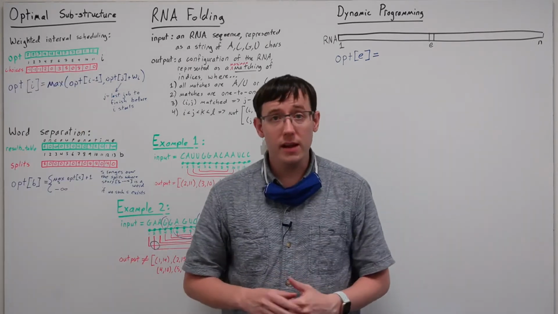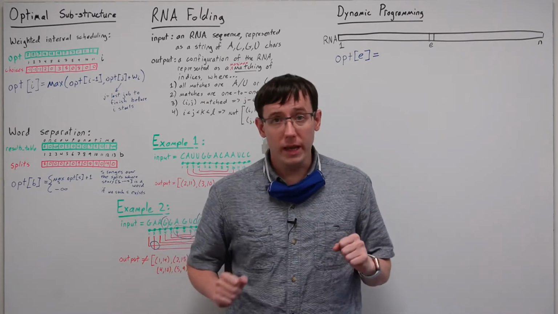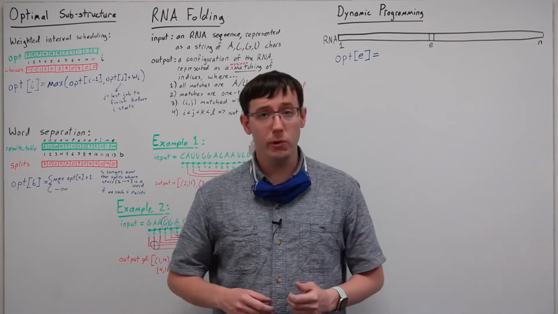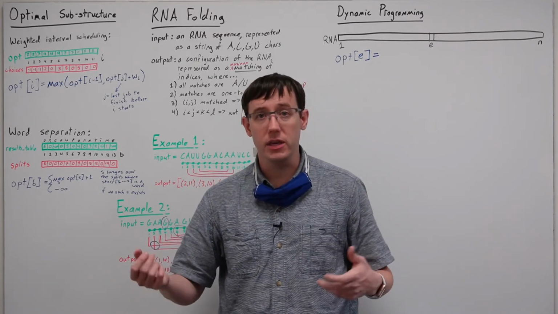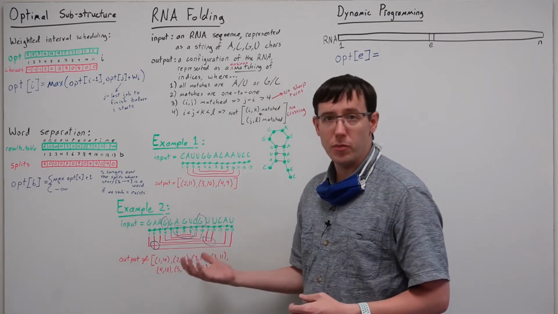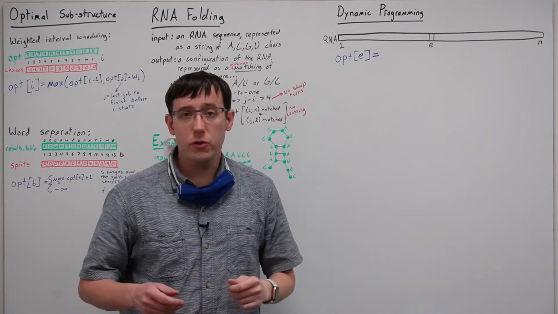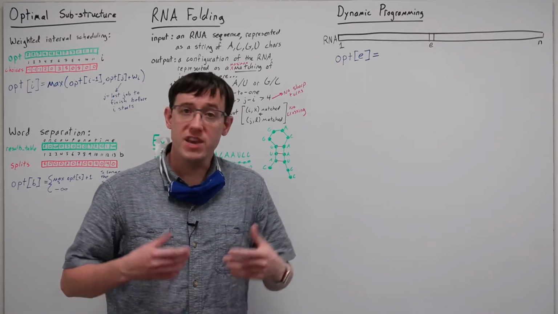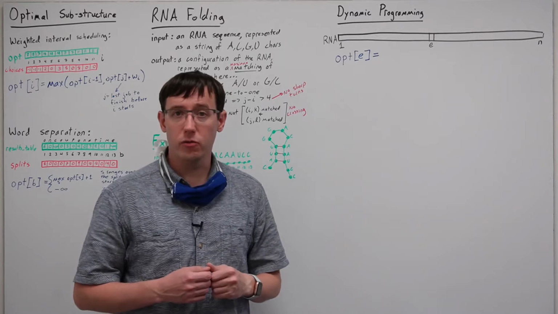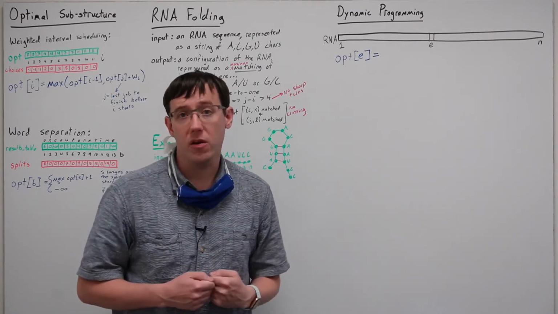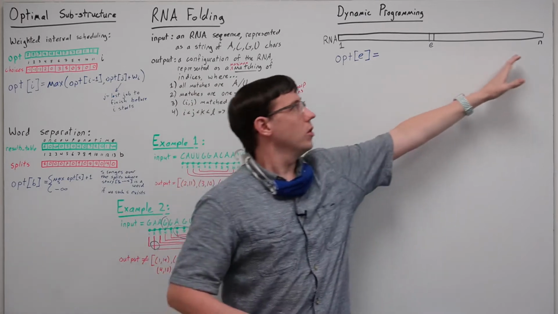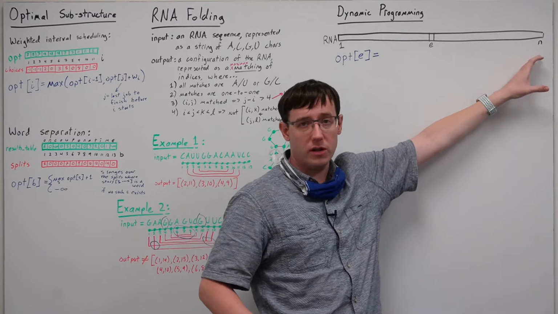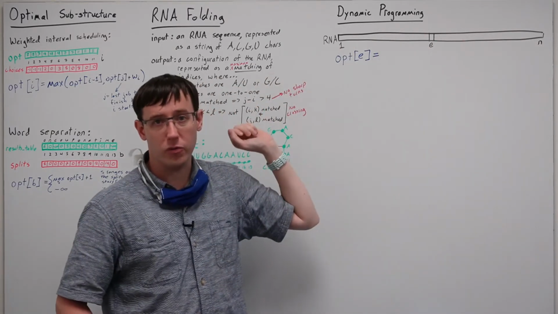So now that we understand the RNA folding problem, we'd like to write a dynamic programming algorithm to solve it. And that means we want to try and identify the optimal substructure within this problem. Since our goal is to maximize the number of bases we can pair, the optimal values that we will keep track of will be a number of pairs, and our eventual goal is to find the optimal number of pairs that meet the constraints in the entire length n string.